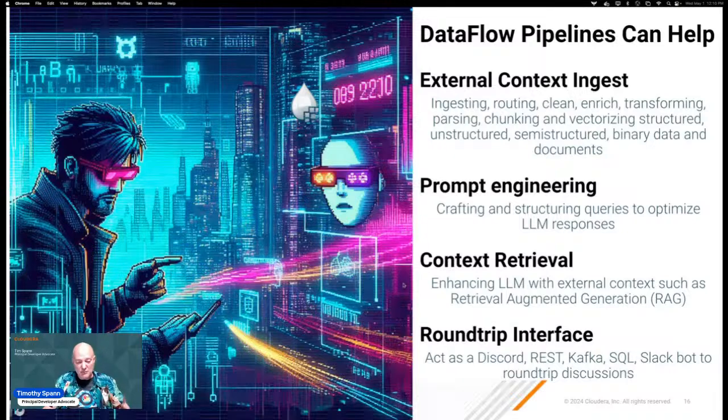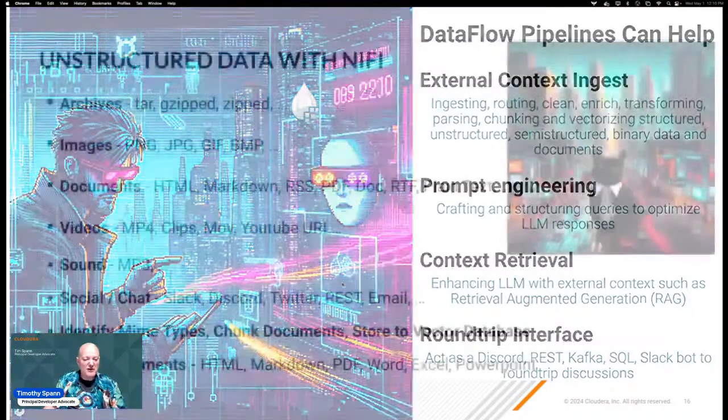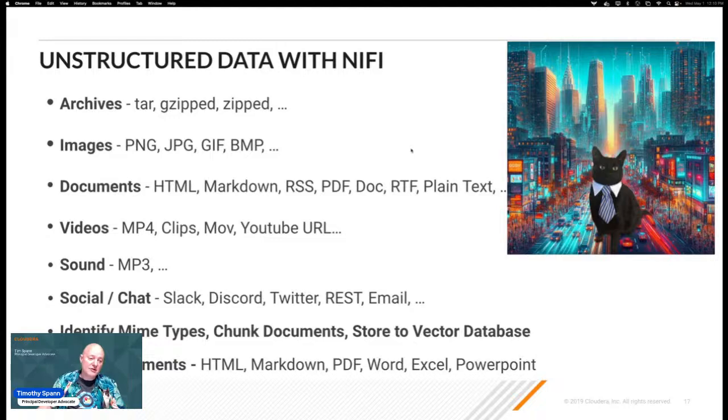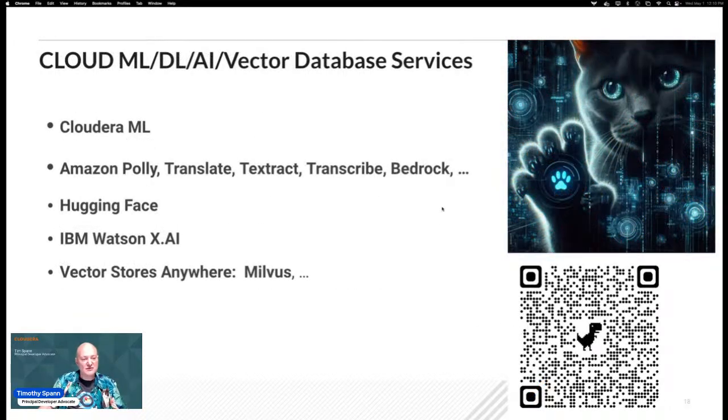And again, helping you connect to different things, whether that's to build up that context or to act as your interface. So I could talk to Discord, REST interfaces, different databases, Slack, whatever it is, and connect that without having to write any code is pretty nice. Being able to work with all that unstructured data we talked about, and that only scratches the surface.